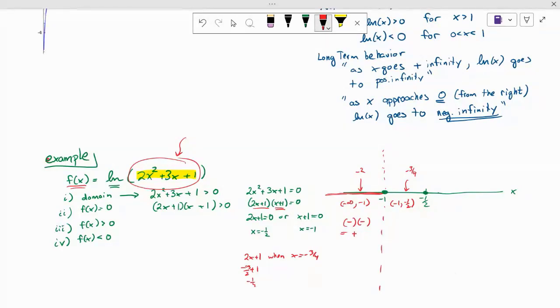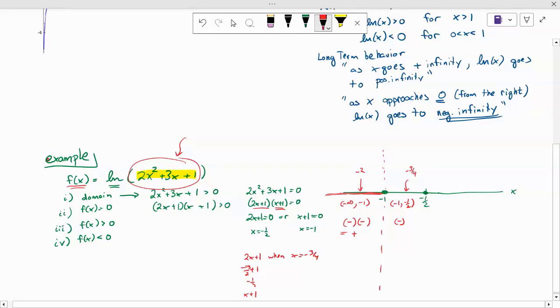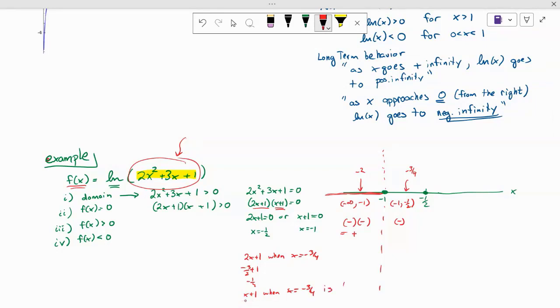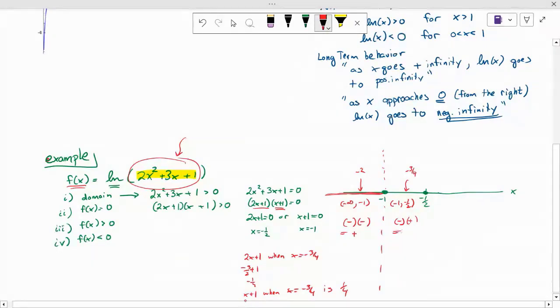So the first factor would be negative. And the second factor would be positive, a positive quarter. So negative at the end of the day.